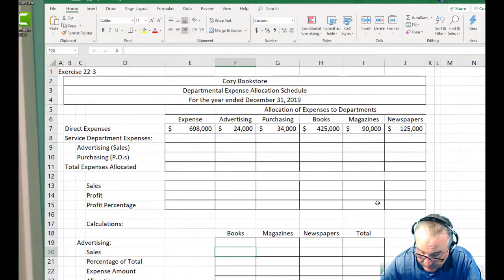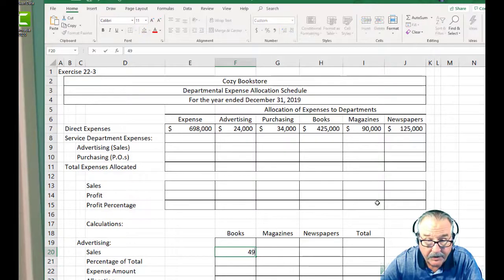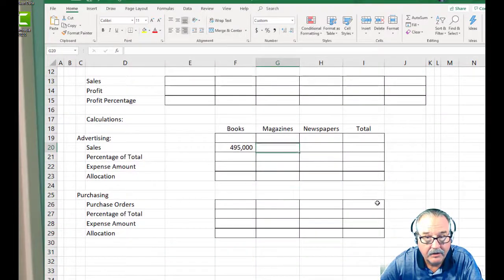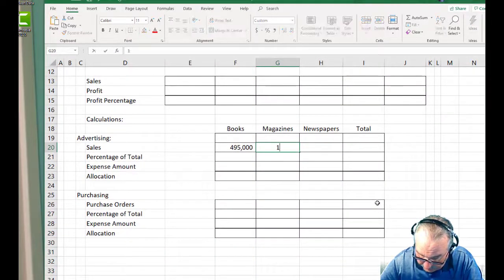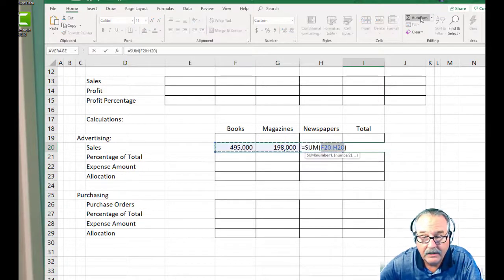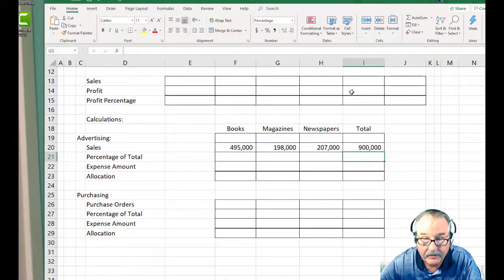The first thing that we'll do is base the advertising expense on sales. They've given us sales of $495,000 for books, $198,000 for magazines, and $207,000 for newspapers. So total sales for the whole store is $900,000.